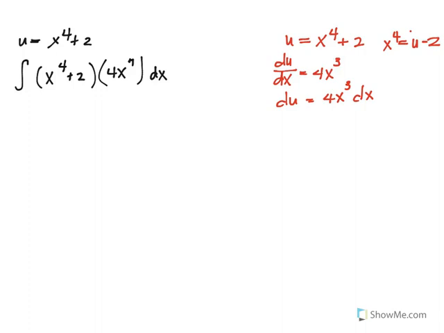Alright, so first thing that it's easy to see is this is going to be replaced by u. If we split this portion up into 4x cubed times x to the power 4, then 4x cubed times dx would represent our du, and then our x fourth we know is u minus 2. So now I'm going to combine all of those things together in terms of u.